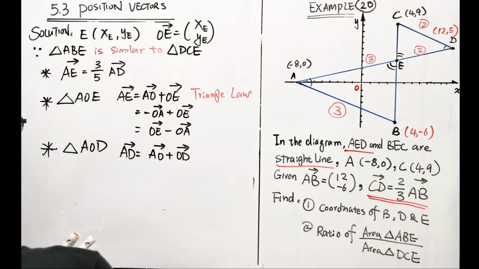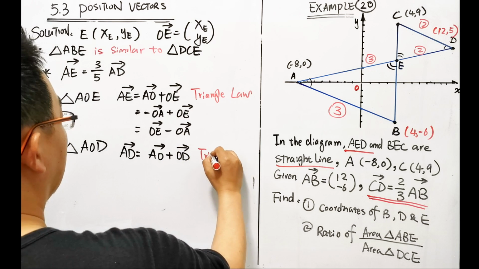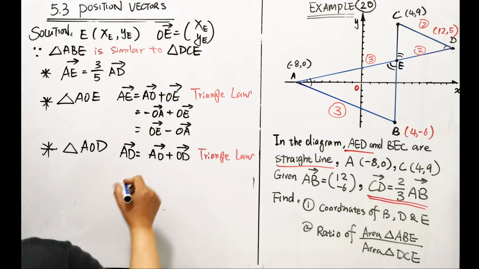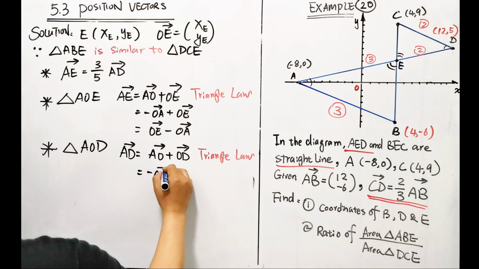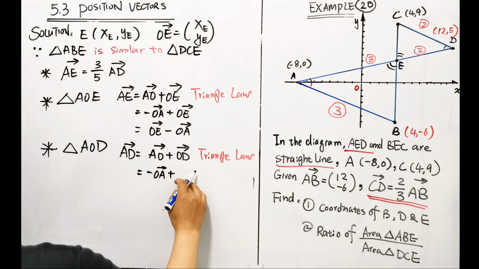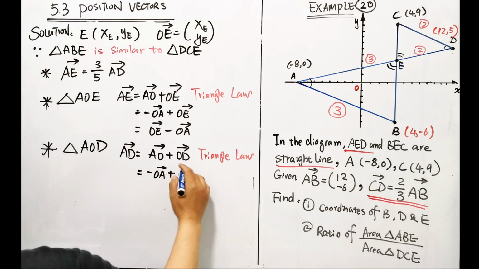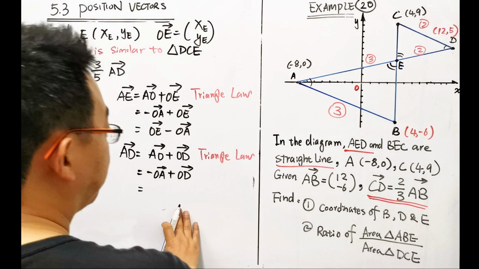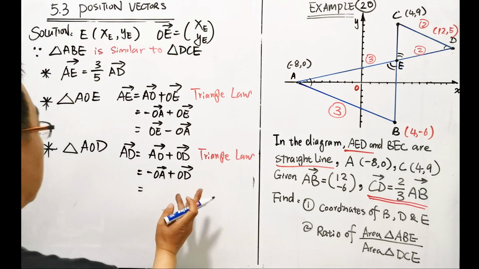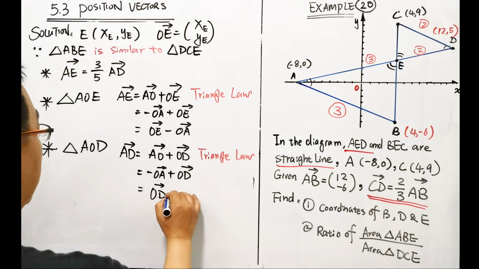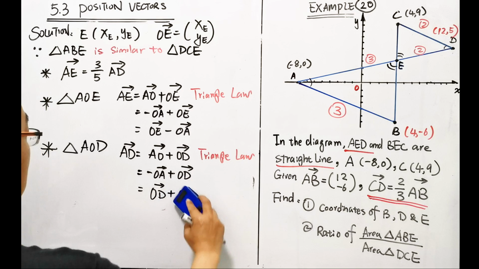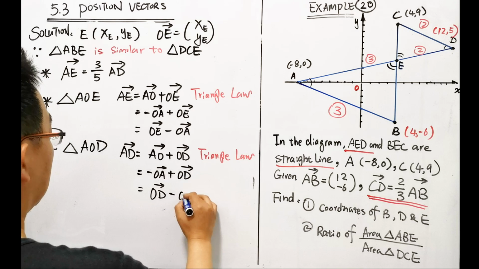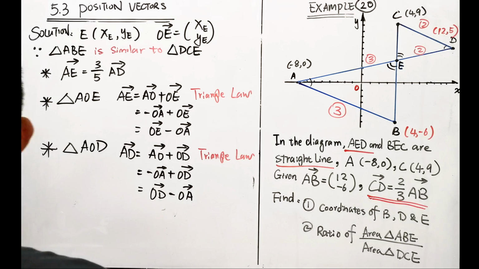Again, we're using the triangle law. So what do we get? Minus OA plus OD, right? So what's OD? In this case, we just reverse it from OD. We already know the OD, right? So this is the thing we get.